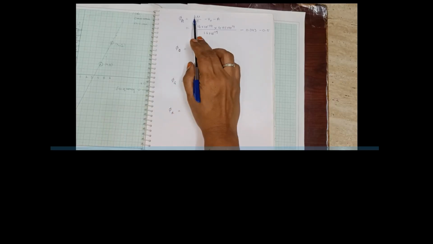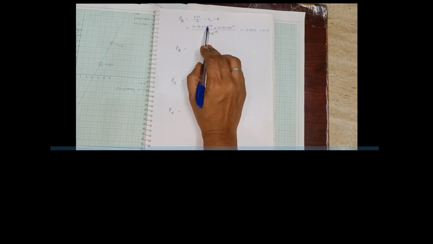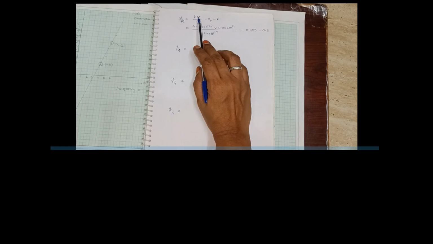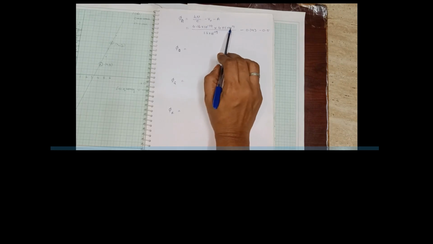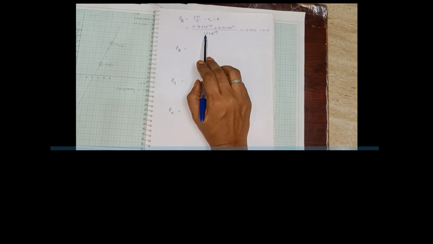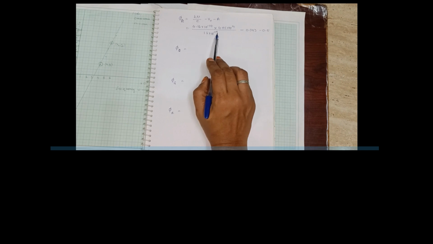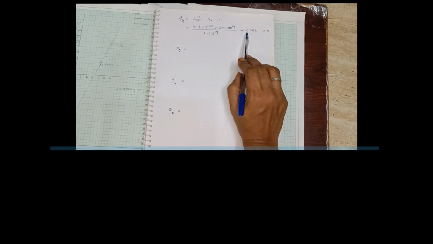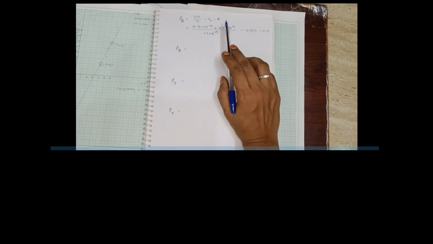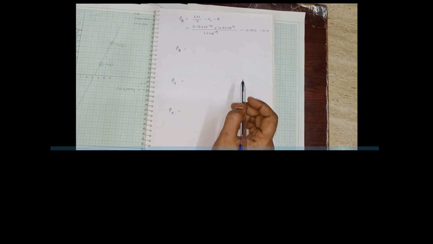For red color, h is 4.16 into 10 power minus 34, into the frequency of red color, 4.85 into 10 power 14, by the charge of the electron, 1.6 into 10 power minus 19. Stopping potential is 0.343 and contact potential is 0.5.